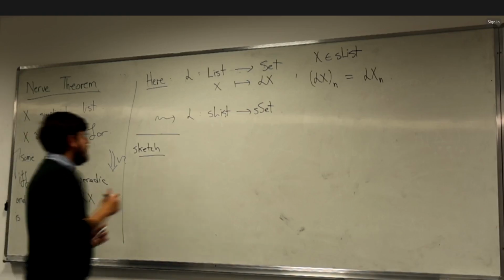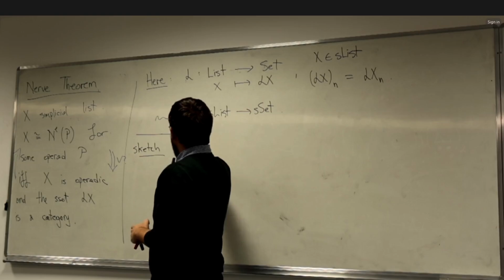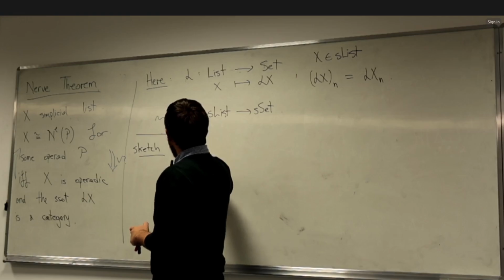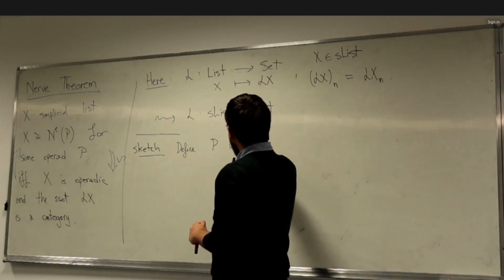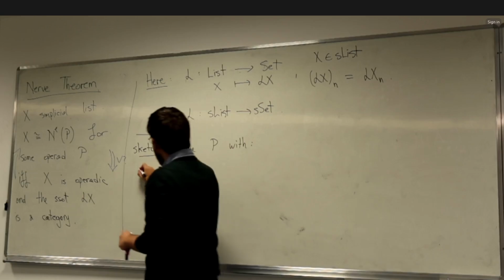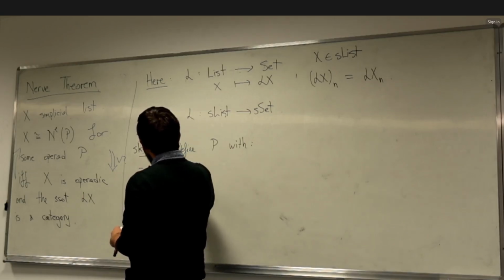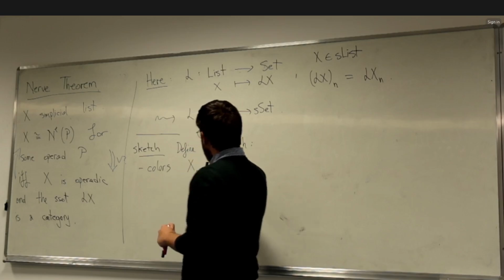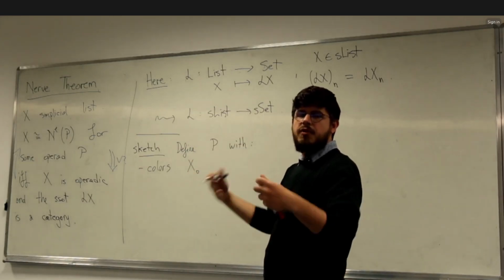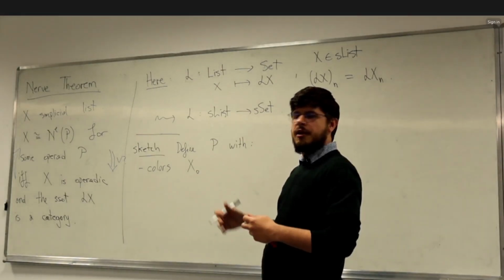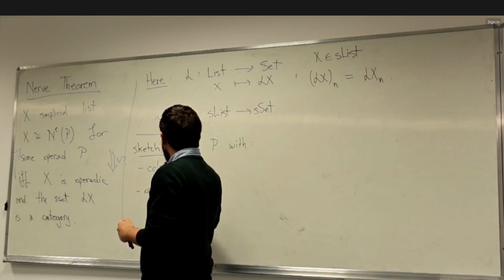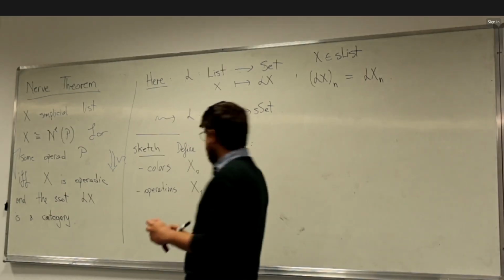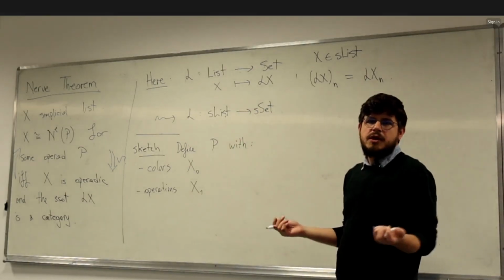It's not difficult. We define the operad P with colors just the zero simplices, just like we proved the nerve theorem for categories, and operations just the one simplices.